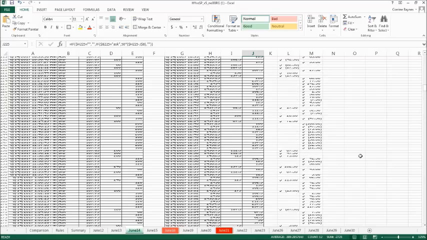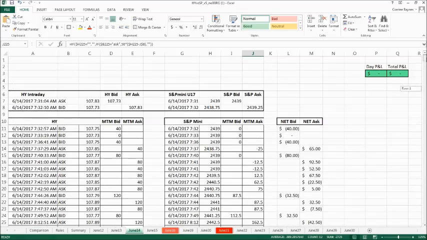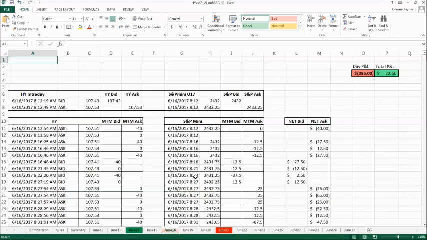So in this particular day, there simply was no entry. There was a trigger event. The difference between one became rich to the other by over $250 per unit, but never gave us the pullback to 100.